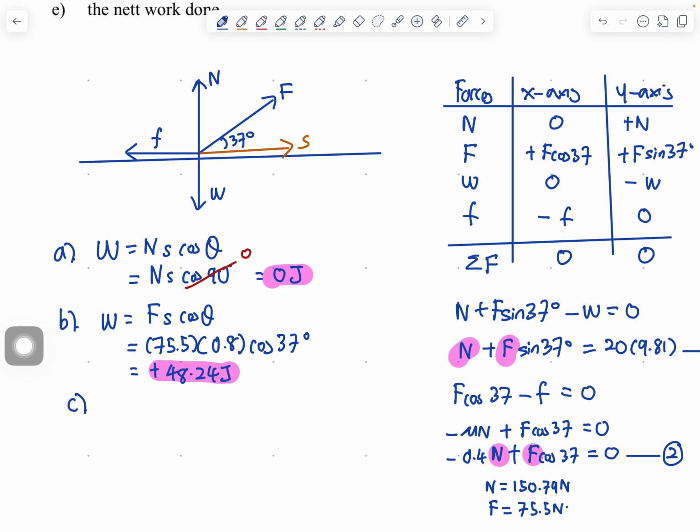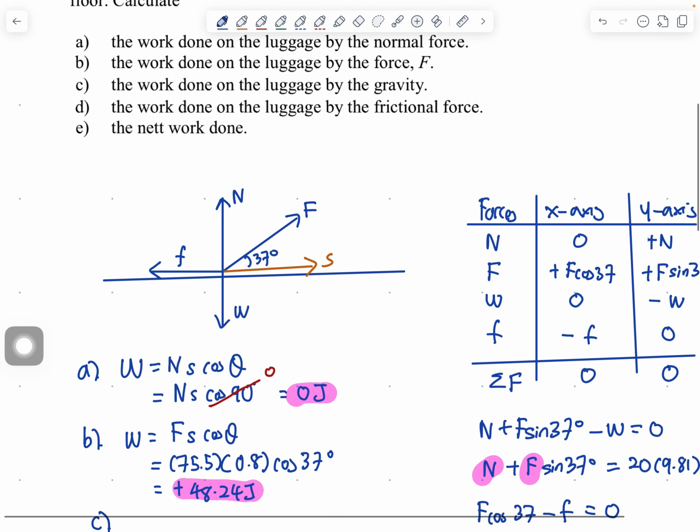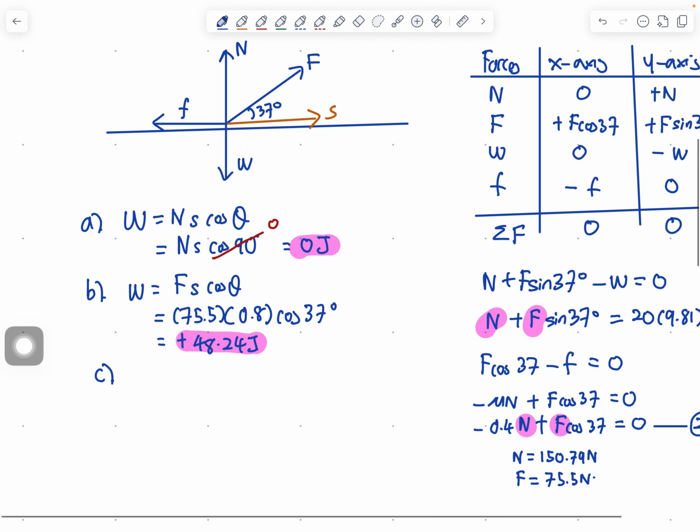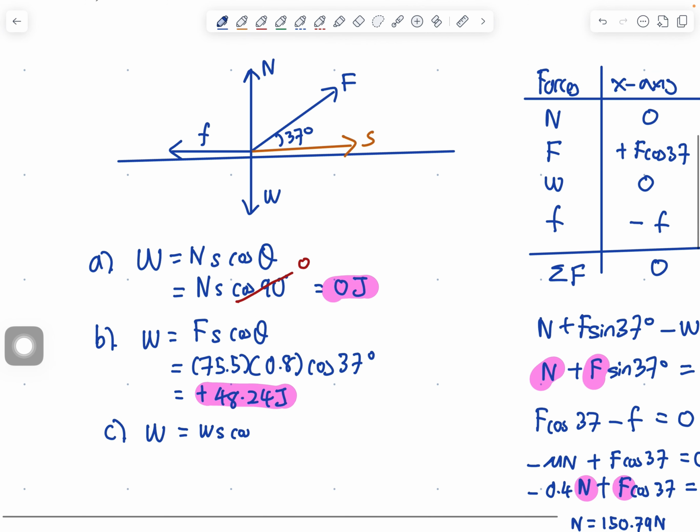C, the question asks us to calculate the work done by gravity. So the work done by gravity is equal to gravitational force, which is weight, times displacement, times cos of the angle between gravity and displacement.